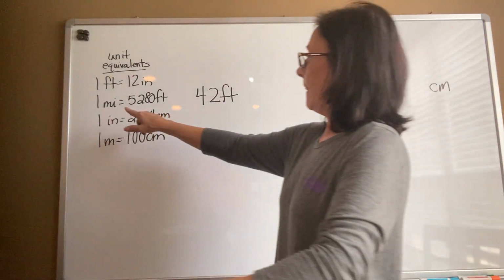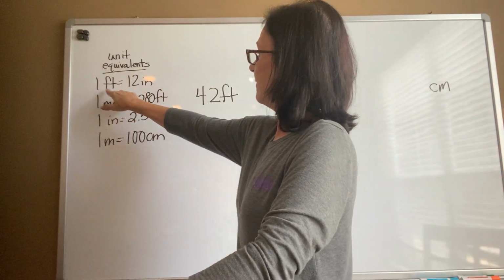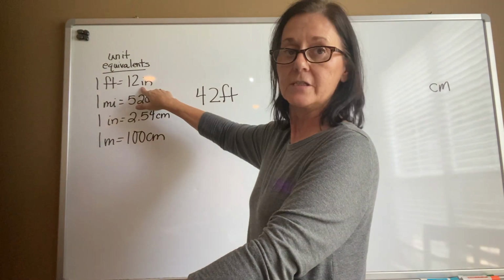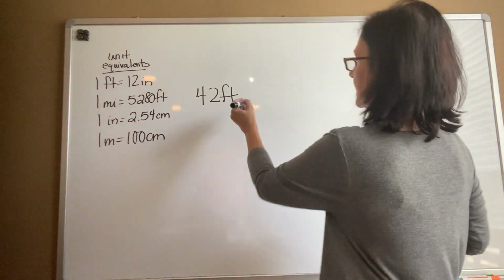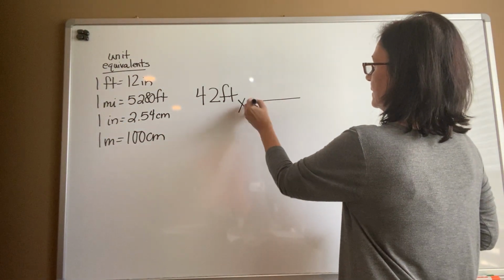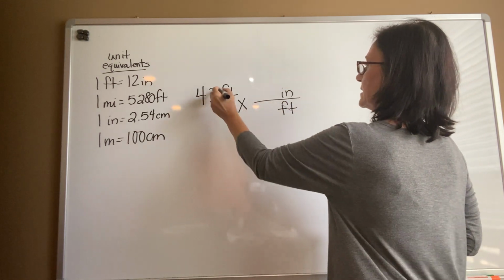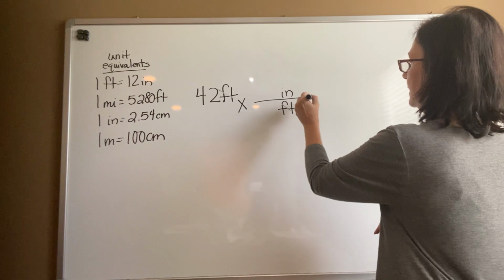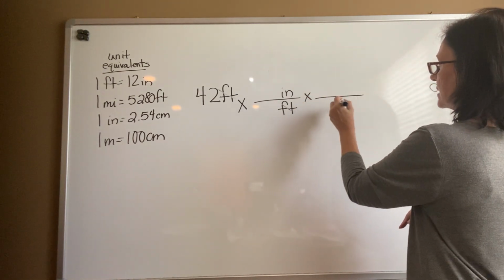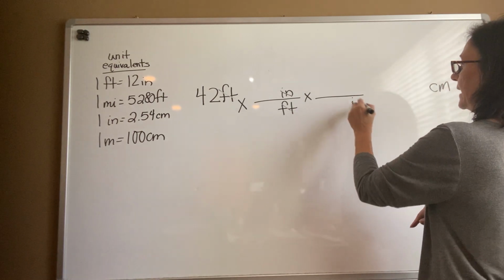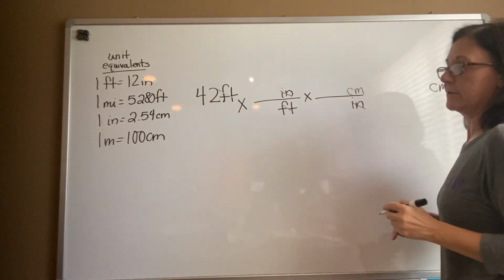So, to get from feet to centimeters, I have to go feet to inches, then inches to centimeters. All right? So I have to go from feet to inches, so my feet cancel out. And I don't want inches, I want centimeters. So I want to cancel out my inches, so I'm left with centimeters.